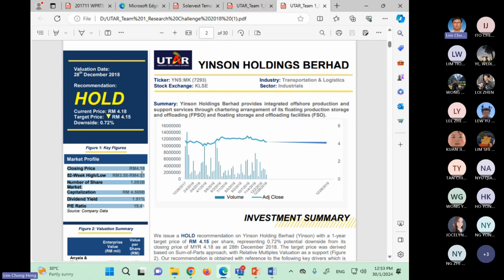If the market doesn't have any changes, with this price, does this company have the potential to increase or not? And then in the Malaysian market, another two things we would prefer to know are dividend yield and P/E ratio. And another is ROE.